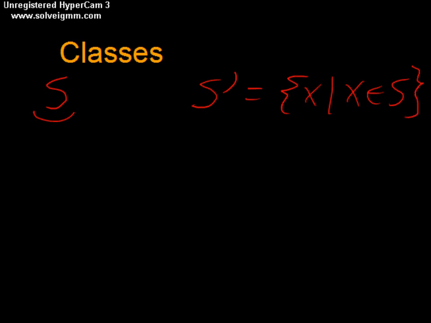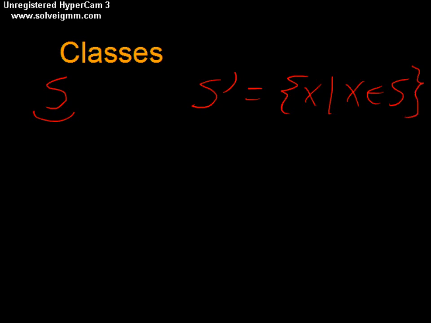Finally, any set S can be considered a class. So given a set S, we can form the following class. S prime is the class of all x so that x is an element of S. So this is again a valid class.